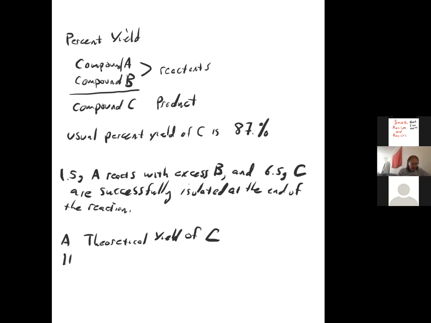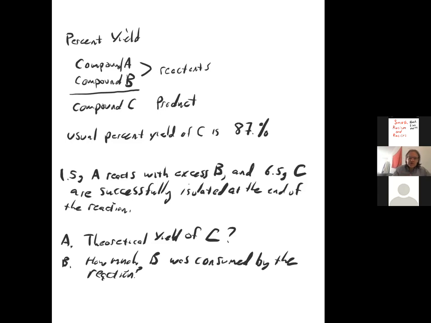Then, so this is question A. Question B is how much B was consumed, used in the reaction. Okay, question mark. So what is the theoretical yield of C? And then how much B was consumed in the reaction, okay? So let's take a look at this one.